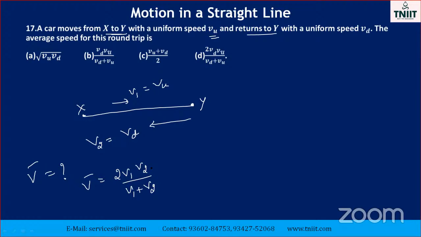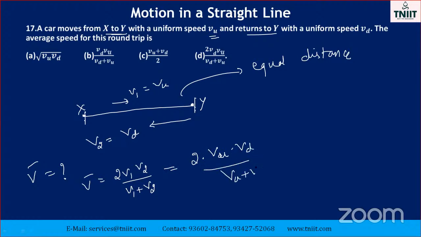Because the body is moving from X to Y, then it is coming from Y to X. What is the meaning? Equal distance. The body has covered equal distance, right? So the average speed will be 2 times Vu into Vd divided by Vu plus Vd.